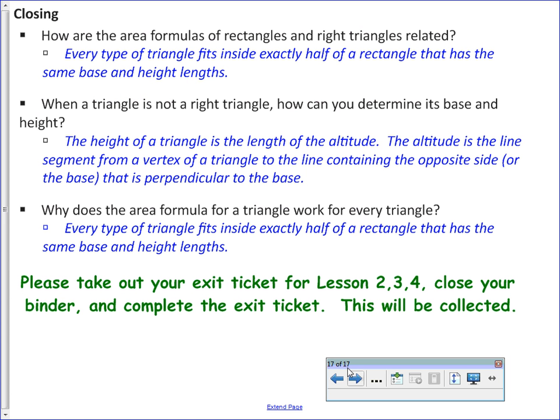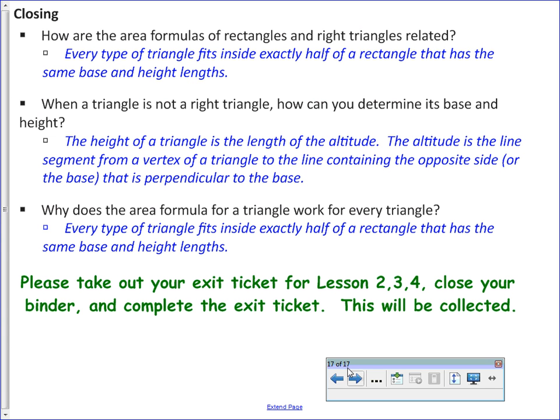So in closing, how are the area formulas of rectangles and right triangles related? Well, every right triangle fits exactly half of a rectangle that has the same base and height. We saw that on the first slide with the blue triangle that I flipped around.